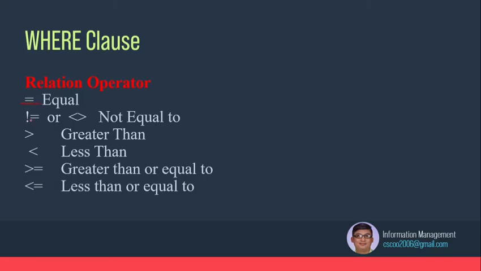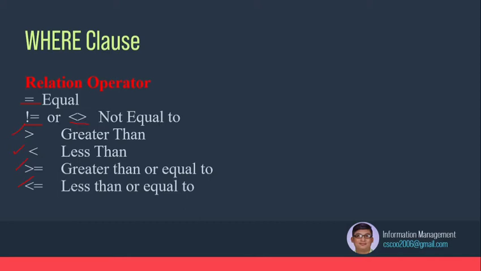You can use this symbol for not equal, or this one, depending upon the database. You can also use greater than, less than, greater than or equal, and less than or equal relational operators. Okay, so those are the valid operators for our conditions.